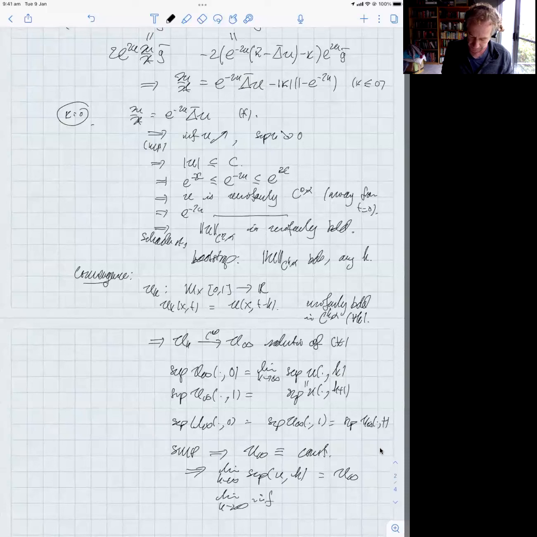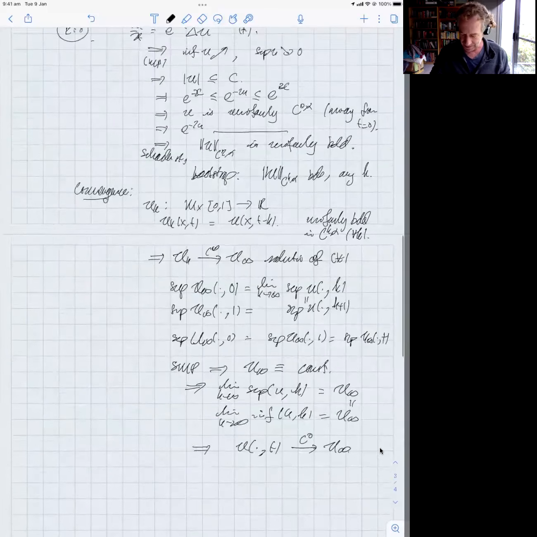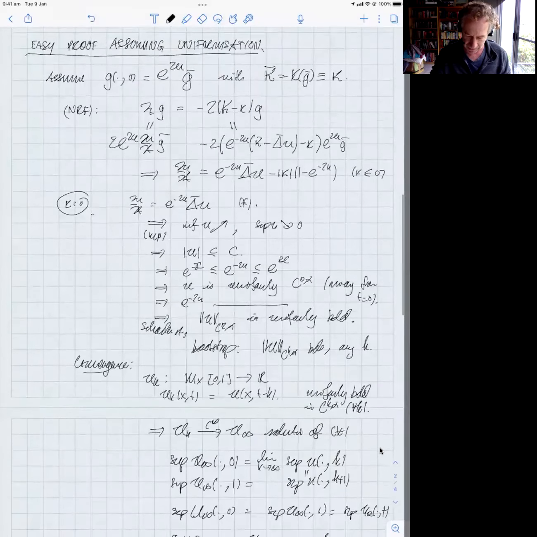So I get inf u_k is also equal to that constant, because they'll both converge to the same constant function. And those two together tell me that u at time t converges in C0 to constant u infinity.